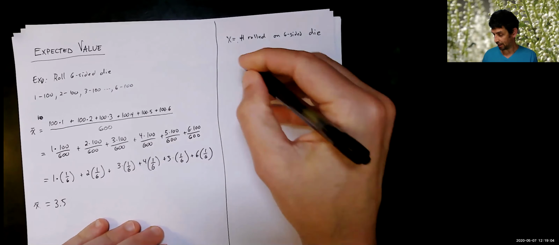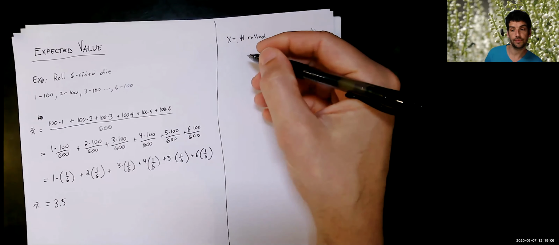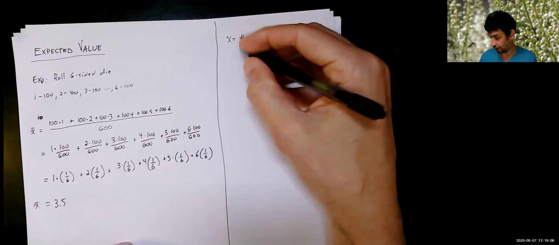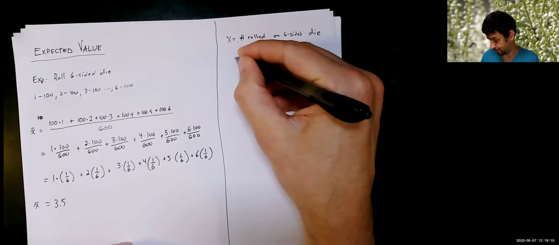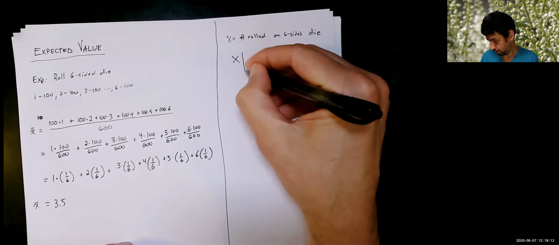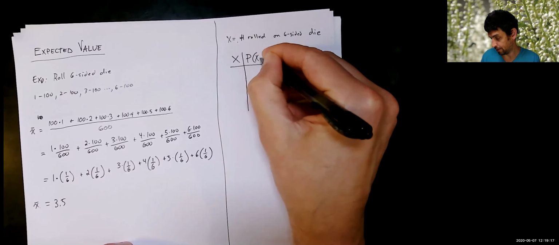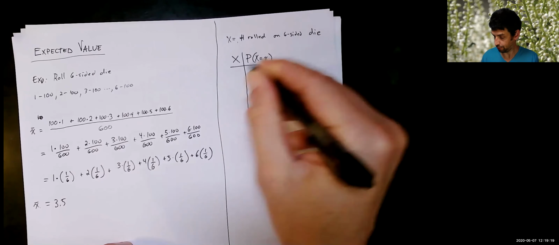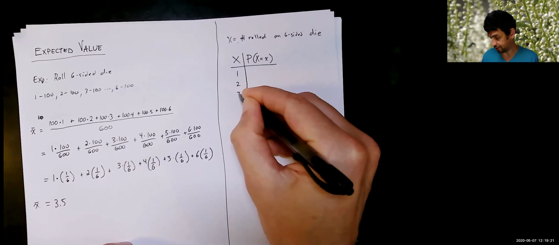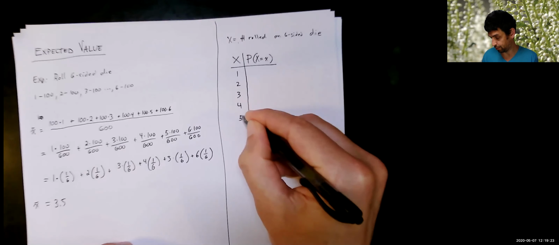I'm going to make a frequency table, a probability distribution for this random variable. We'll list the values of x and the probabilities of each of those values, right? So in this case, there are 6 possible values, the 6 numbers we could roll.